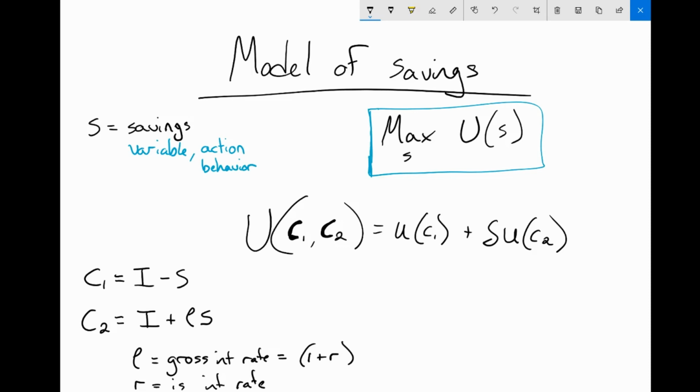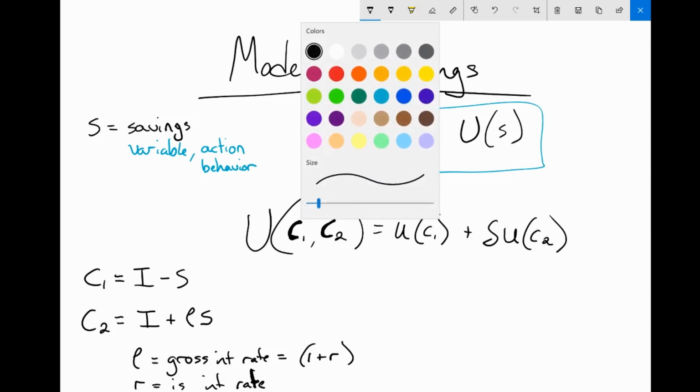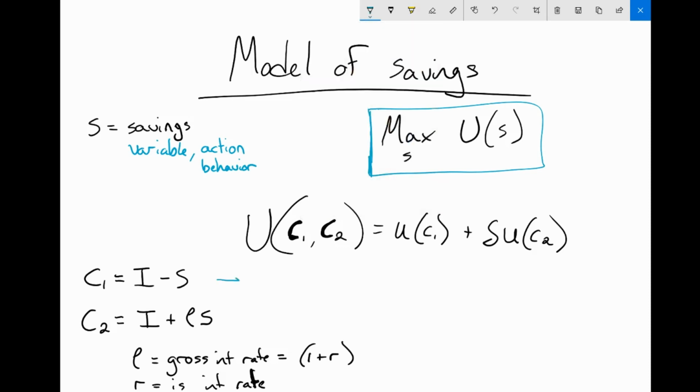Okay, and so if the interest rate is positive, so let's say I put my money in a savings account in a bank, and the savings account offers a positive interest rate, then my savings will grow over time. So basically what's happening here, we have this dynamic process where in the present, agents are making a decision as to how much to save.